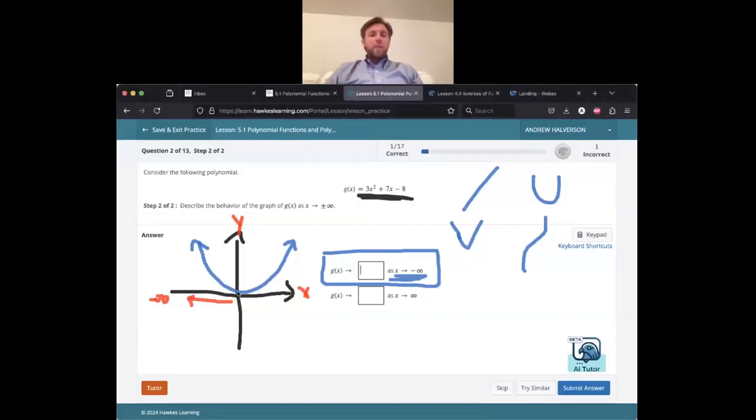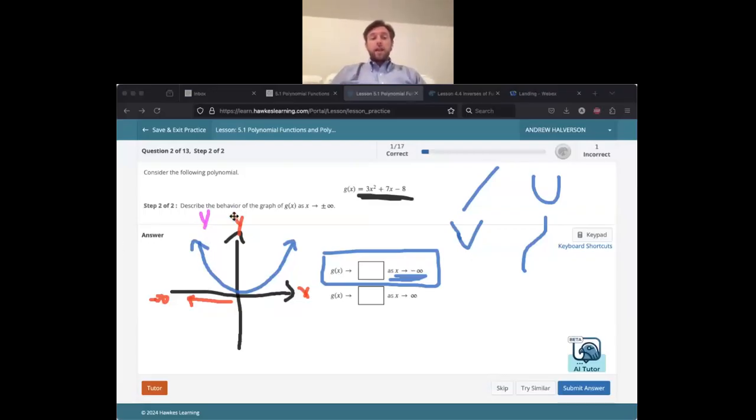What you're just sort of imagining is yourself sitting on the bottom of the bowl and moving in the leftward direction. And as you're moving in the leftward direction, it is lurching you up in this case. So the y component, the output of the function, the range, is going up the y-axis. As you move further and further left, you're going further and further higher. Just because you're moving in the left negative direction doesn't mean your output is negative.